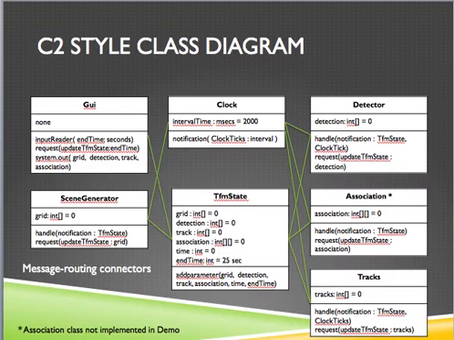This is the class diagram, and here we can show the GUI. The GUI basically requires an end time from the user, so how long it will take to run.